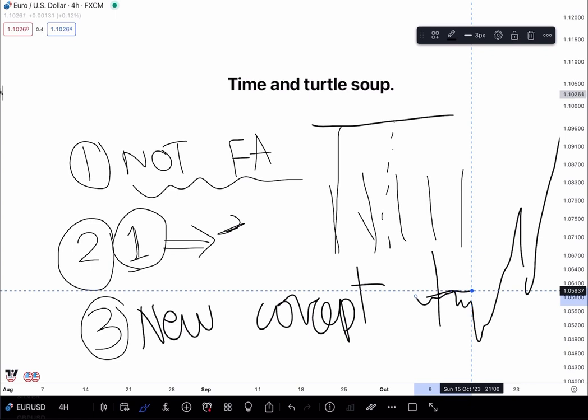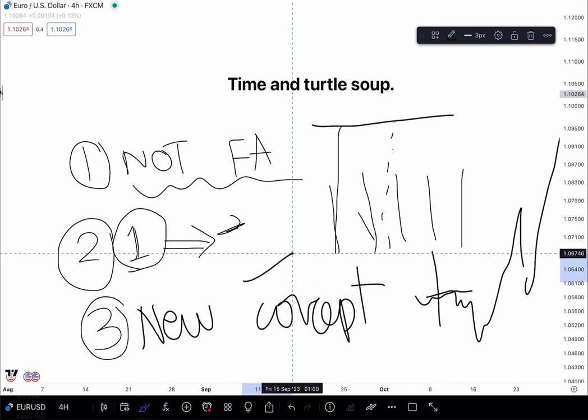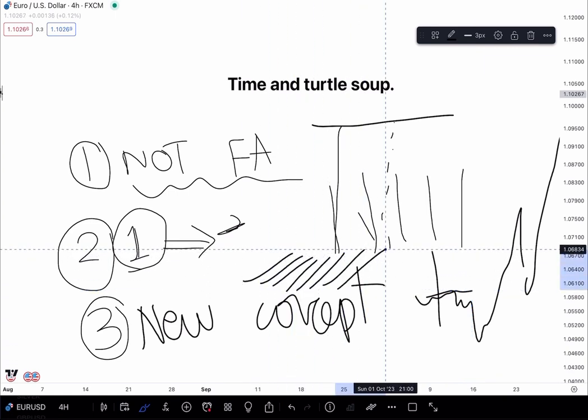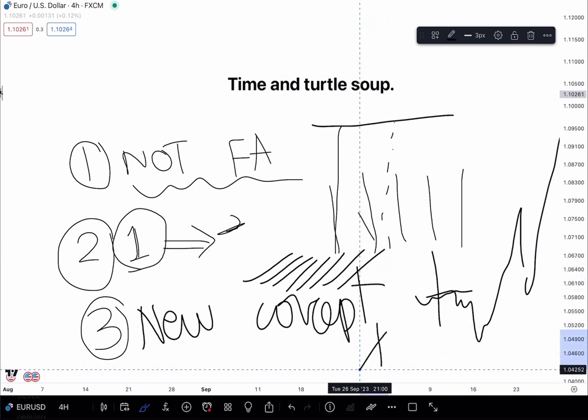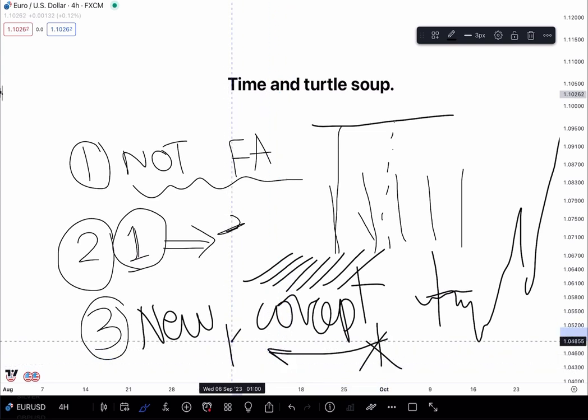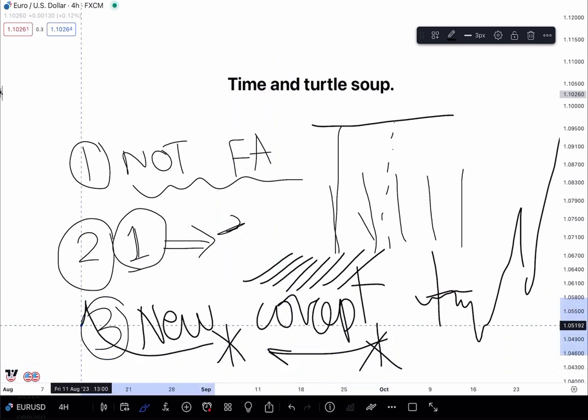And nobody can deter me. That comes with practice and consistency. Don't be the idiot who tries once, fails, and says, fuck this, let me try something else. Tries once, fails, another strategy. Strategy hopping, which is the majority, and the majority are losers, right?